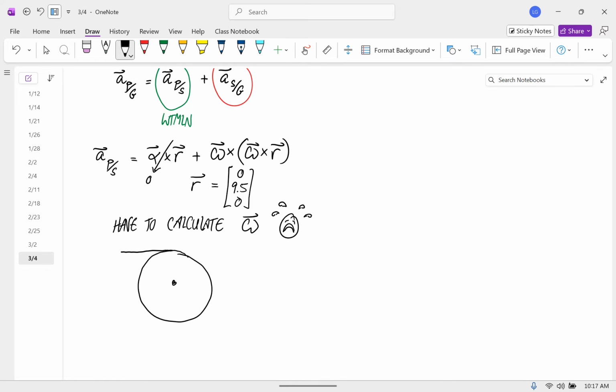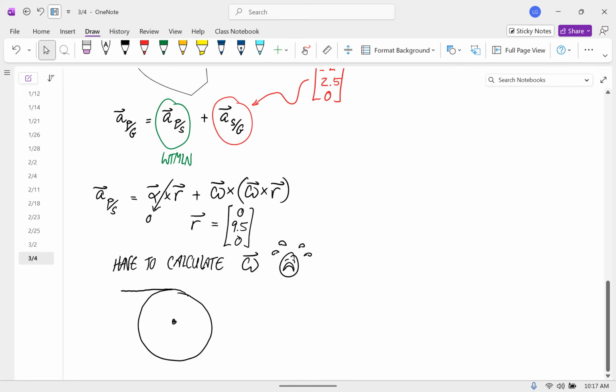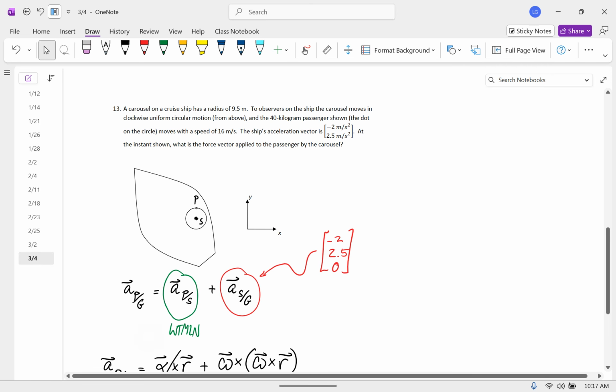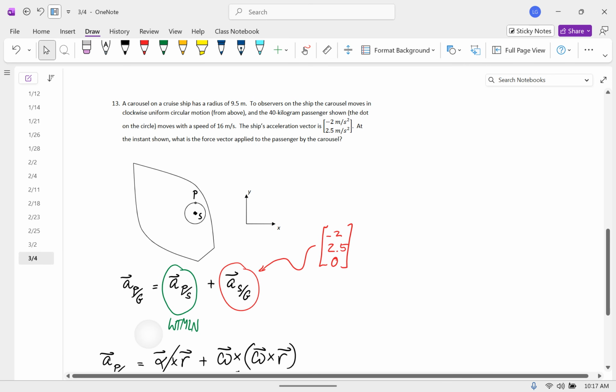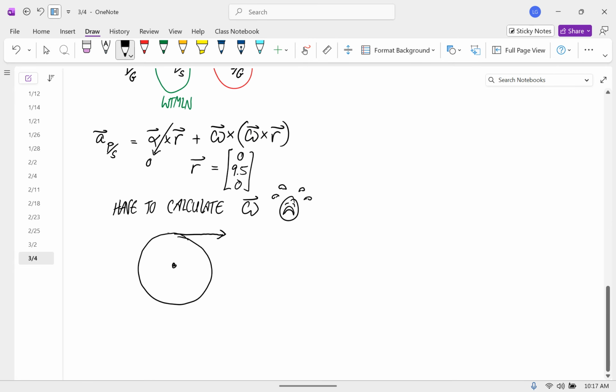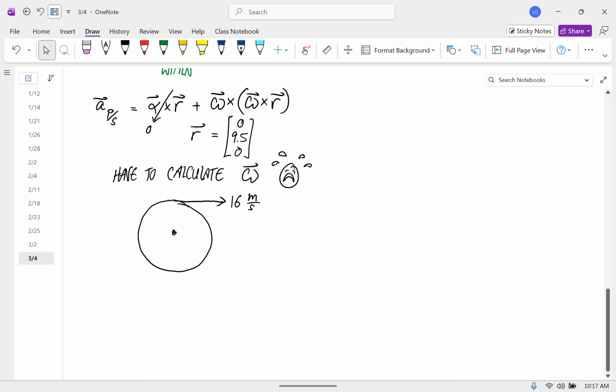We know this passenger is going, oh no, not counterclockwise, it's going clockwise. So the velocity is going to be like this, and it's going to have a speed of 16 meters per second. Okay. So now we're going to use the velocity equation.